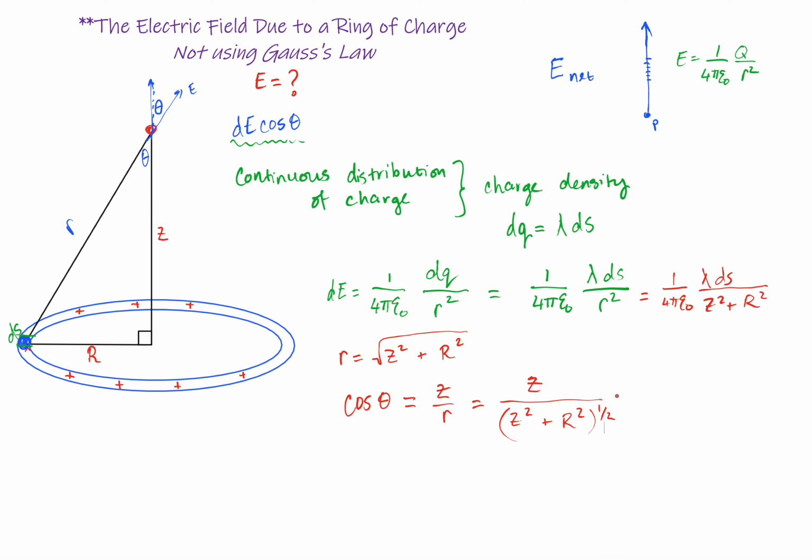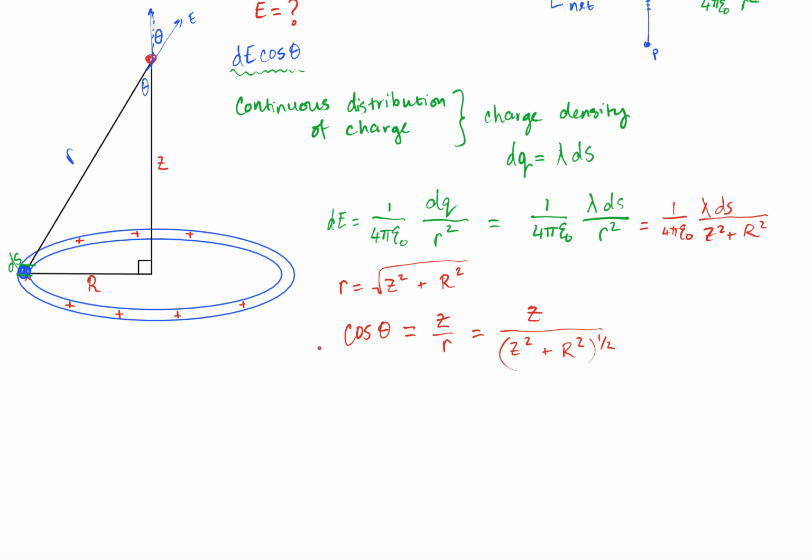Okay, so we're all good to go because we have an expression for cosine theta, and I have an expression for dE, and so I can just multiply those two together. I'll do it over here, and I'll write out what I'm doing.